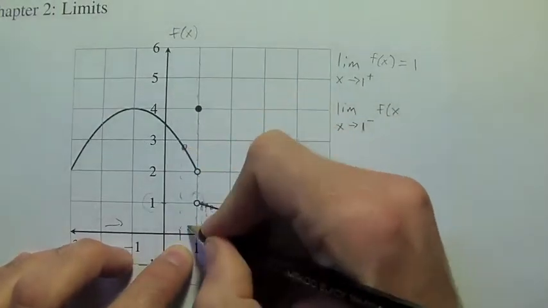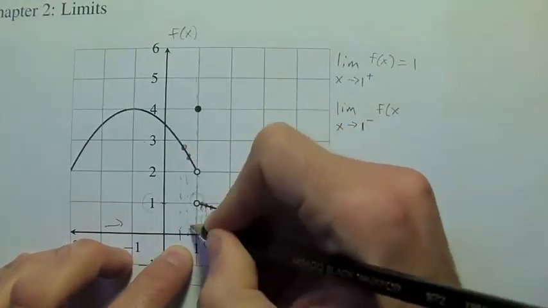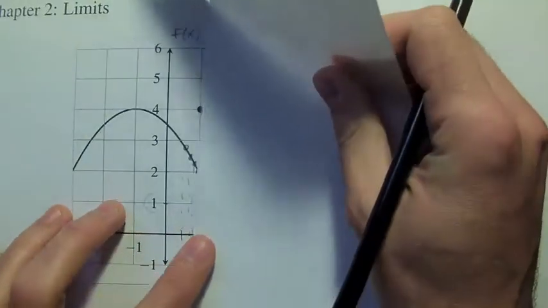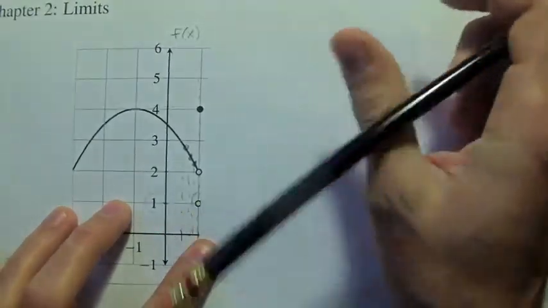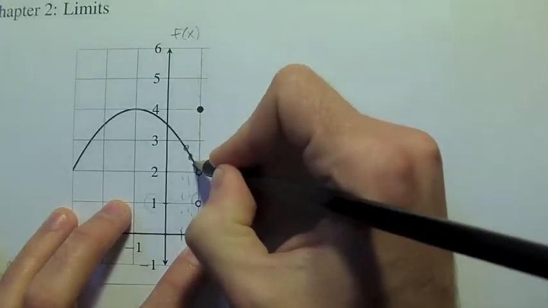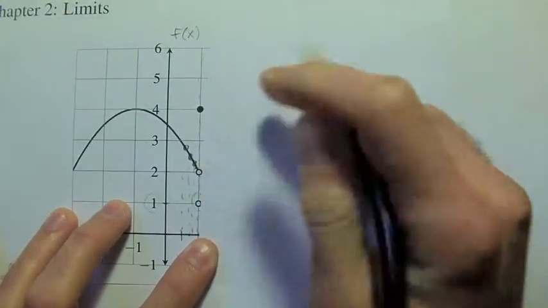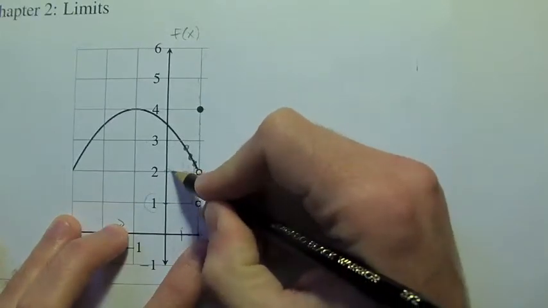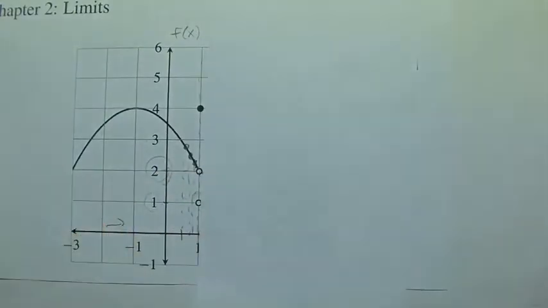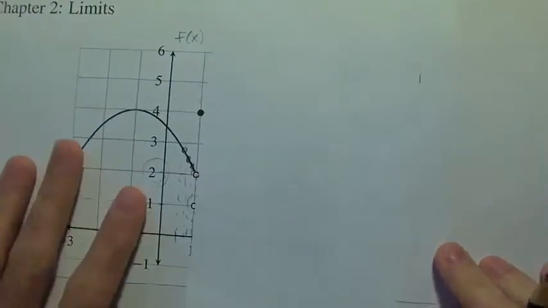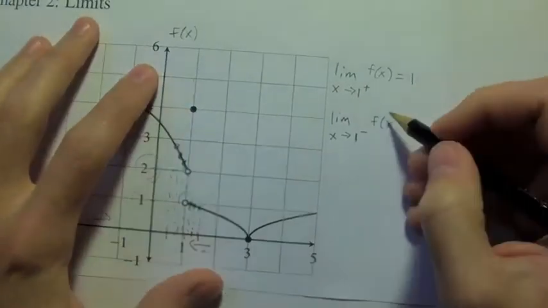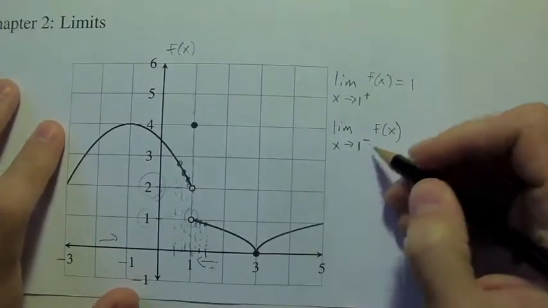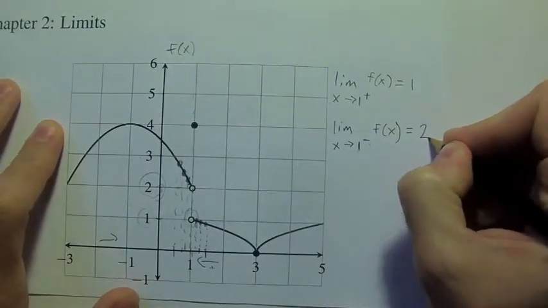As I map up to the function, and again, we can cover up this other side if it helps, we see these points I'm plotting are getting closer and closer to this open dot here, and this is actually 2. So the limit as x goes to 1 from the left is equal to 2.